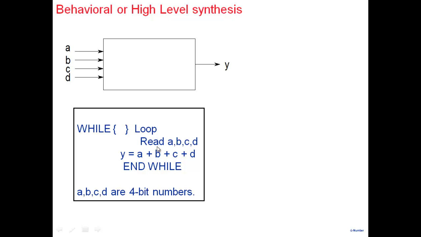So my system has data A, B, C, D. You read A, B, C, D, and then you add A plus B plus C plus D, and you output it at Y. And then you go back again, read again, and you keep on doing it. All that you're doing is reading this data, adding them all up, and outputting it, and continuously you're doing it. That's what the system is supposed to do.